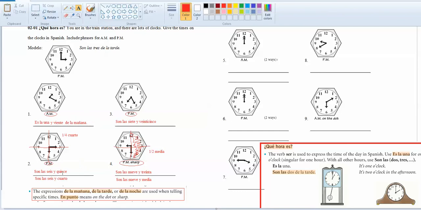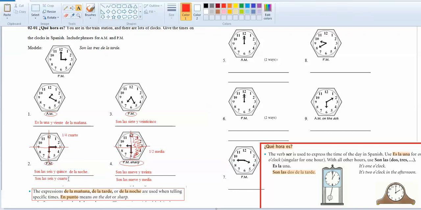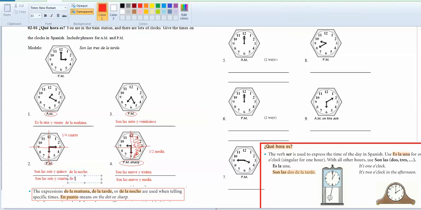Okay, then down here, son las 6:15. This to me would be in the evening, not really the afternoon. So I'm going to say son las 6:15 de la noche.